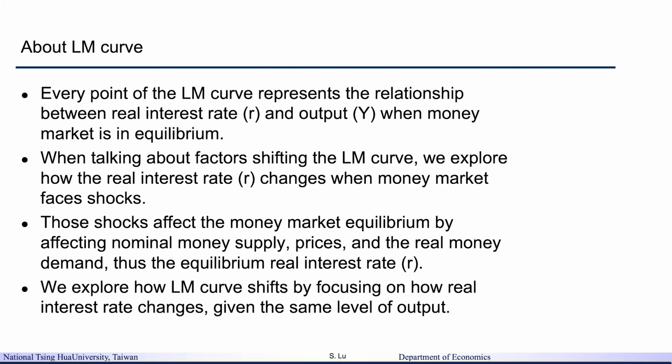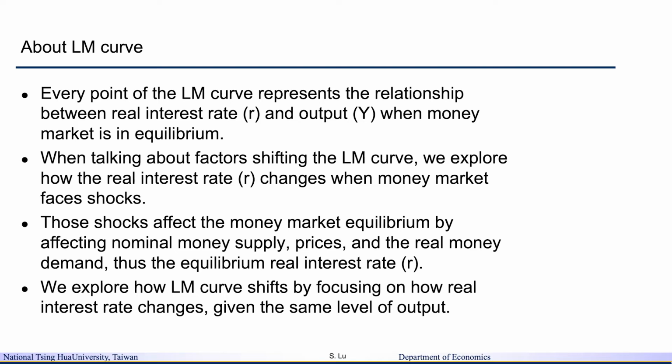Those shocks will affect the money market equilibrium by affecting the nominal money supply, the price level, and also the real money demand. Based on that, we will see how the equilibrium changes and how that affects the real interest rate. So when we want to explore how the LM curve shifts, we want to focus on how the real interest rate changes, again given the same level of output.